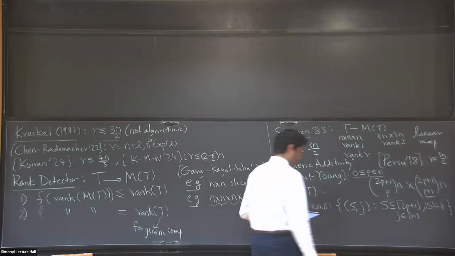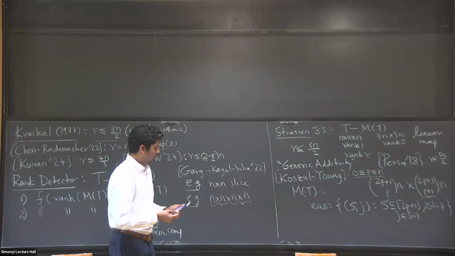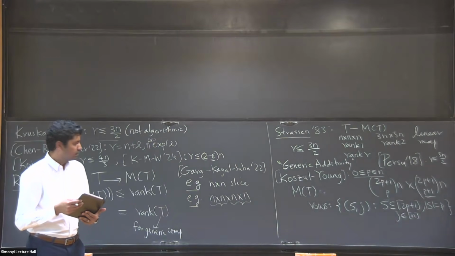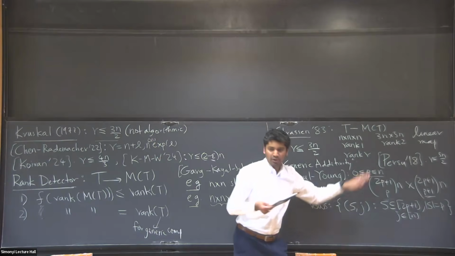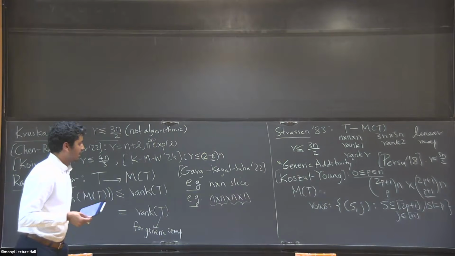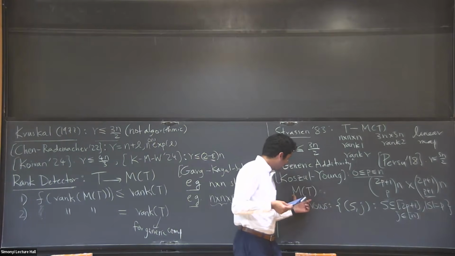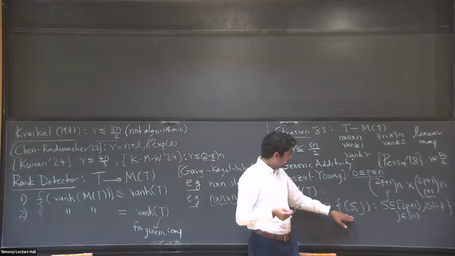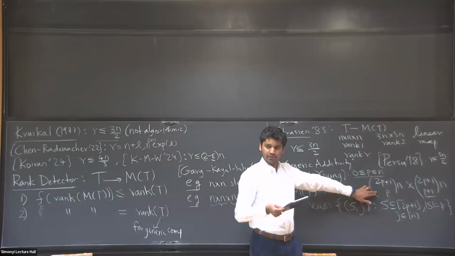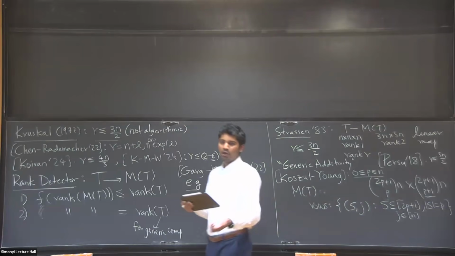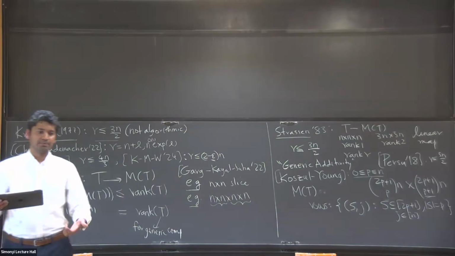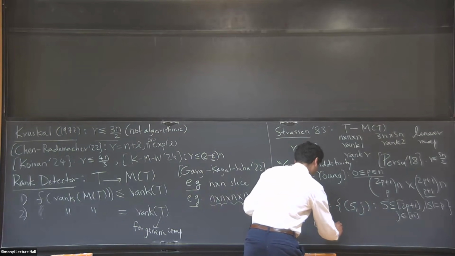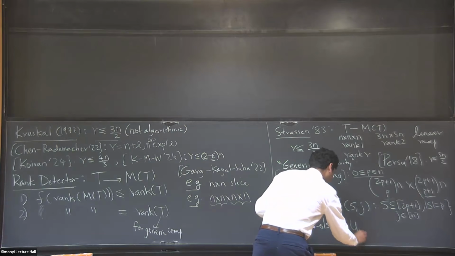Sorry, yes, for a parameter p, I'm going to take the first 2p plus 1 slices. And then, the rows and columns of M of t, this map, would be indexed by S comma J, where S varies over all possible p-sets of 2p plus 1, which you should think of as subsets of the modes I'm going to use. Okay? And similarly, columns would be U comma K.